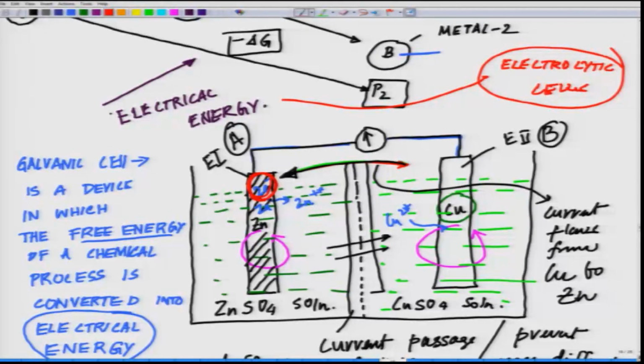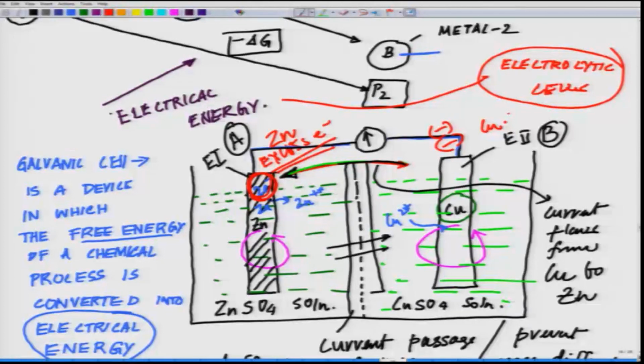So, there is an excess of electrons at the zinc electrode, and there is a deficiency of electrons at copper.